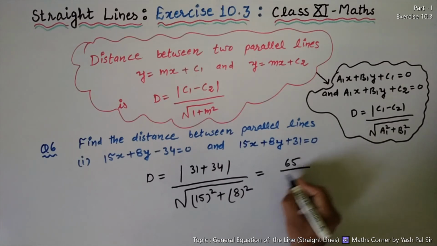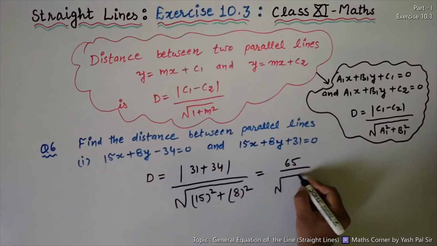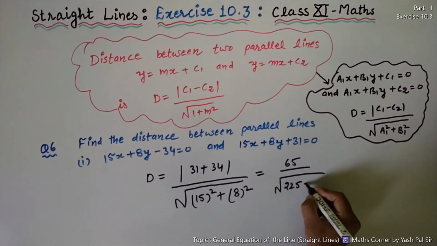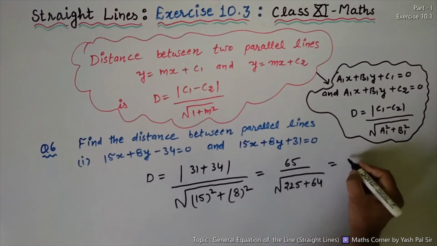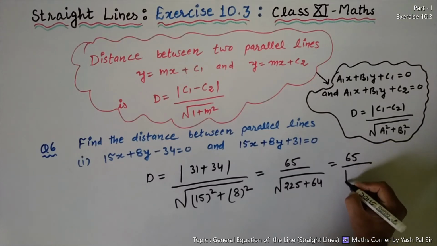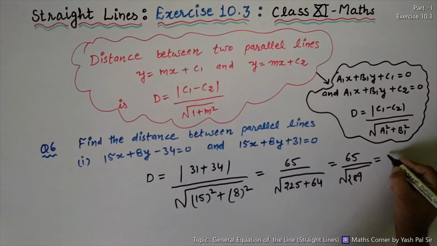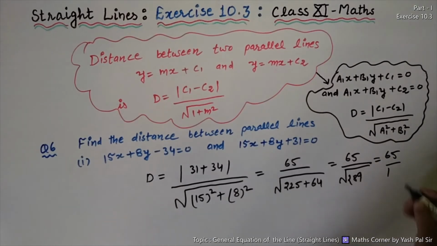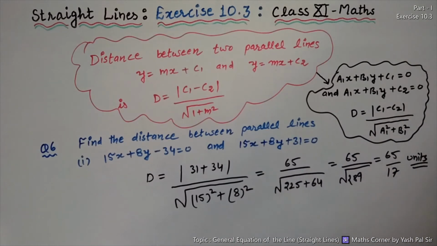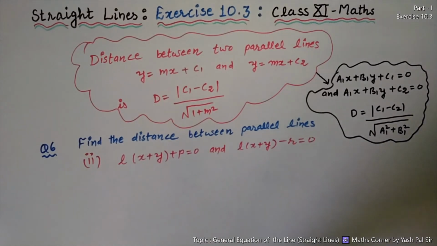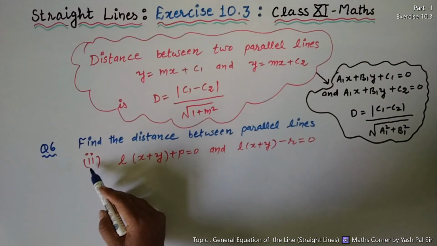So this becomes 65 divided by square root of 225 plus 64, that is 65 divided by square root of 289, that is 65 upon 17 units. So this is the required distance between the two parallel lines.